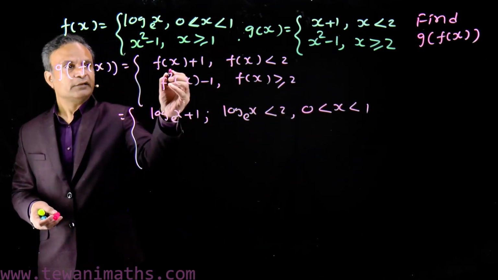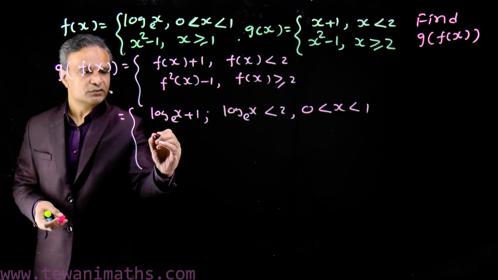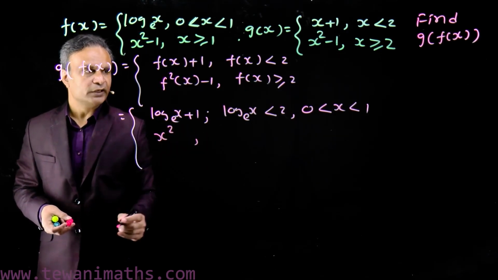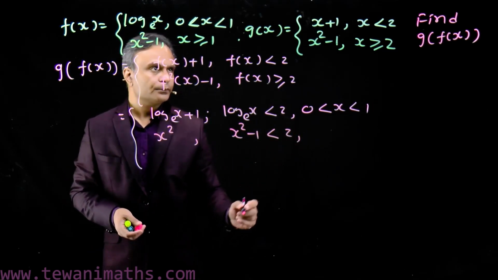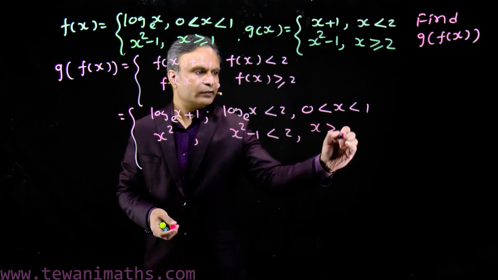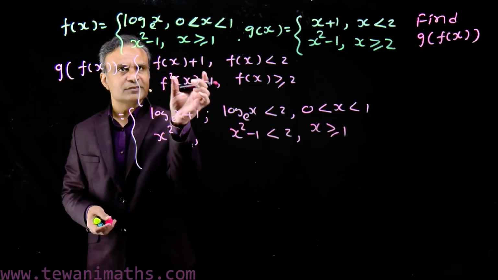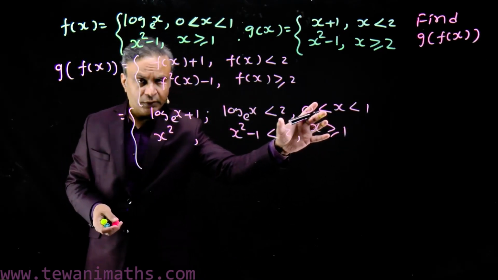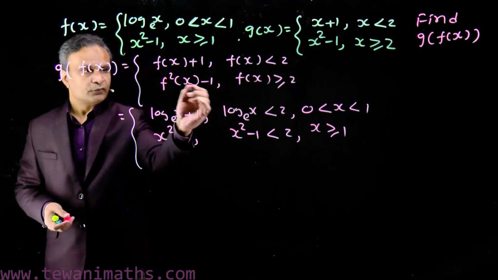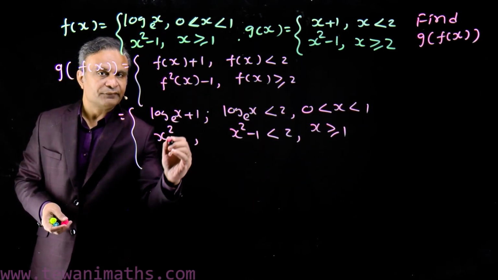Okay, then we replace f(x) with x square minus 1. We get here x square, where x square minus 1 less than 2 and x greater than or equal to 1. For f(x) is equal to x square minus 1, x is greater than or equal to 1. तो साथ में यहाँ पे ये भी आएगा. Okay, now from this we get, first we put f(x) is equal to log x.